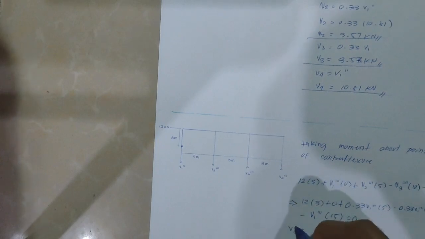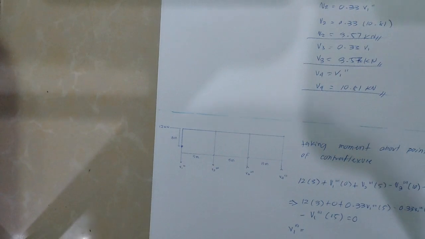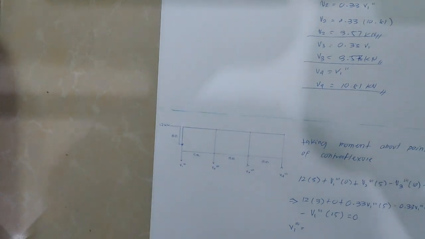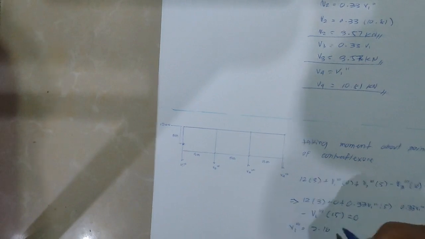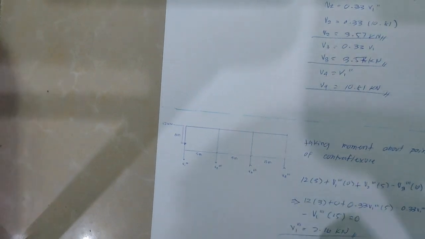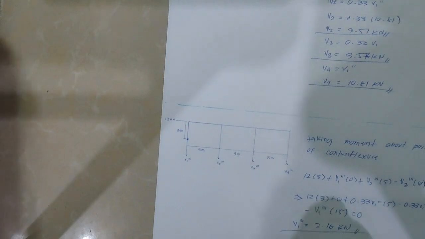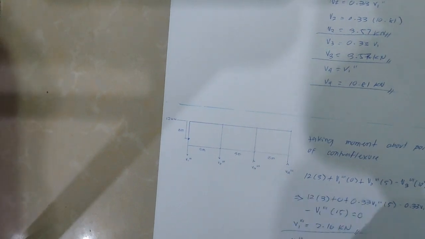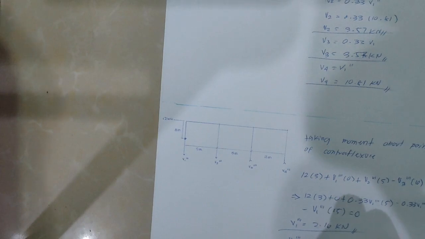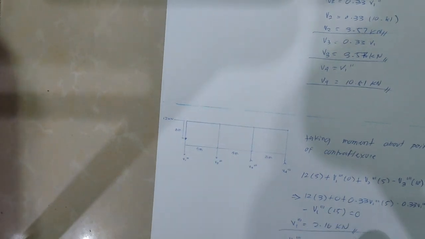Then we can get the V1 of the third floor by inputting it in the calculator, and we get 2.16 kilonewton. Then we get V2 equal to 0.33 V1 prime, input directly, 0.33 times 2.16, with a value of 0.71 Newton.